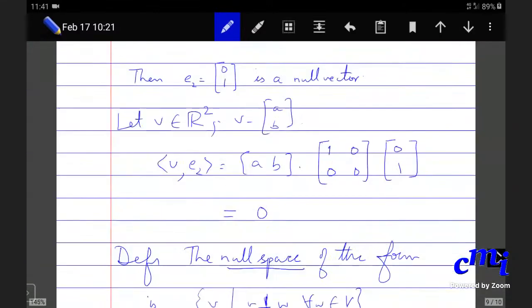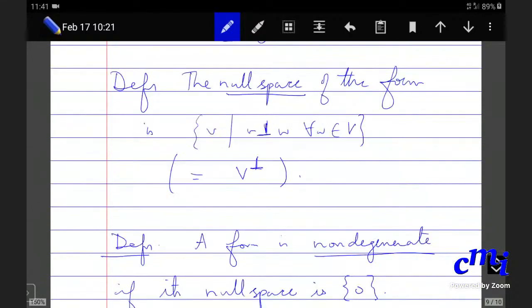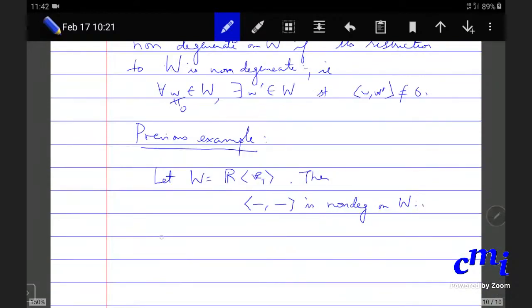Like in this example, on the span of E2 it is degenerate, and also on V, on R2, it is degenerate.